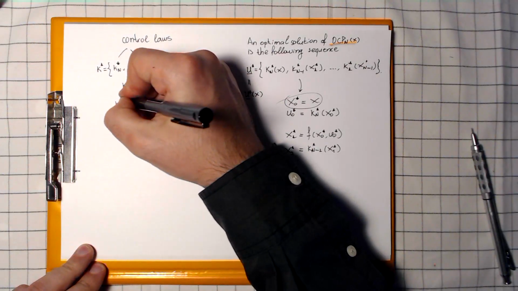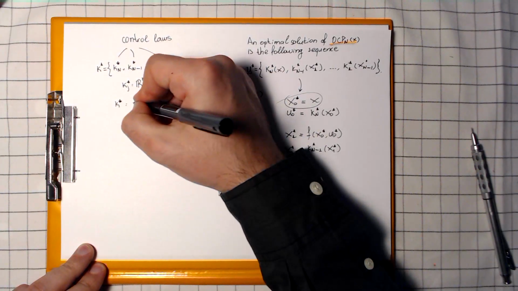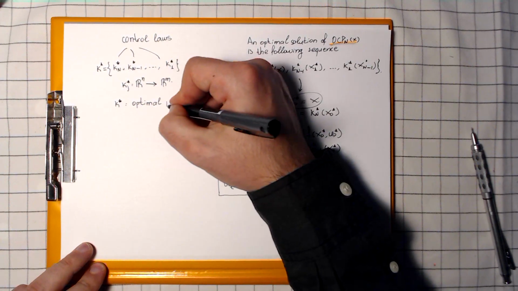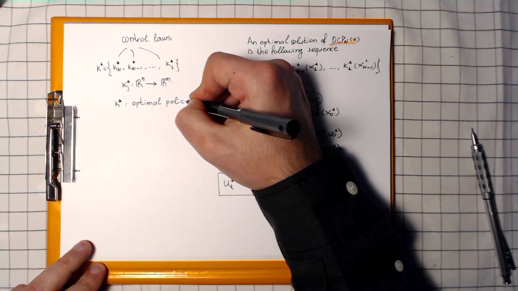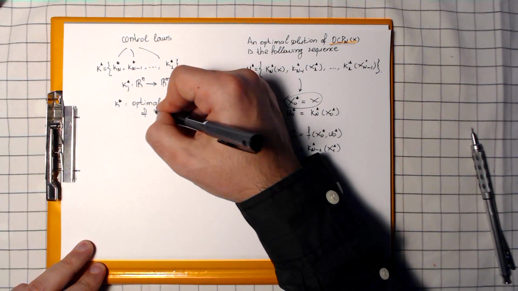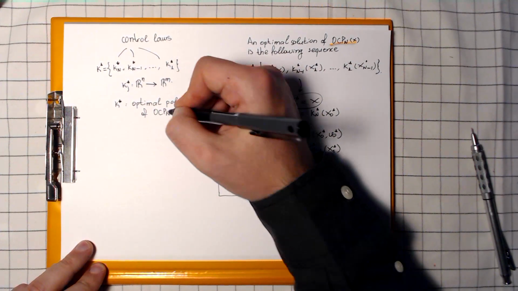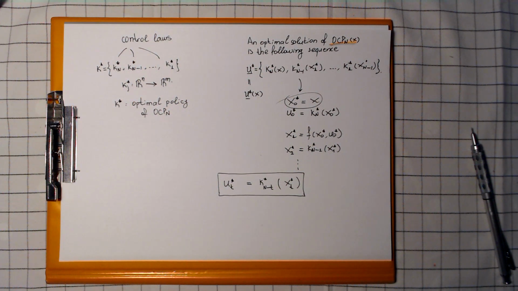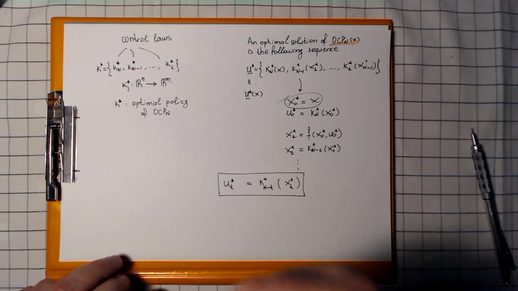then kappa star is called an optimal policy of the problem OCP n for whatever initial condition. This can be applied to whatever initial condition we have. Let's give perhaps some better notation here.